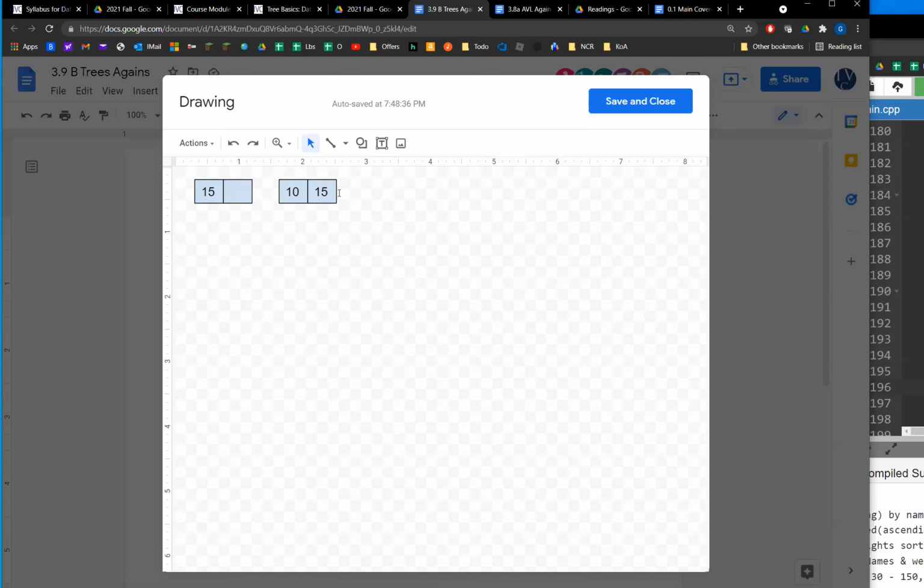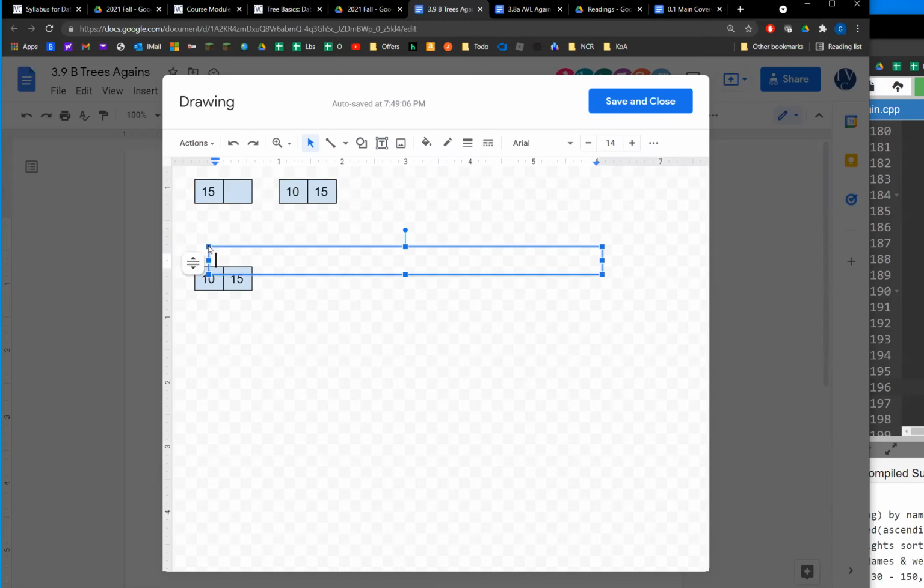So remember, we have a left to right data pattern with our B trees, just like we have with our binary search trees. So the data is ordered left to right within the node, and that controls the relationship of the subtrees as well.